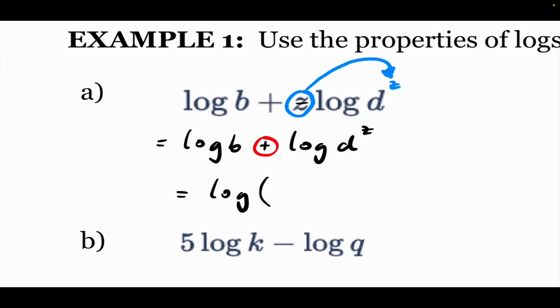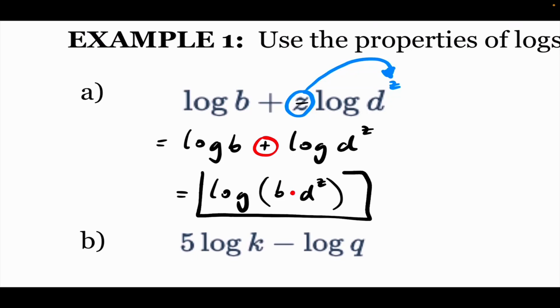And I'm going to combine b and d to the z power using multiplication. Done. Okay. It's condensed. I started with multiple logs and I ended up with 1 log. That's condensed, make smaller.